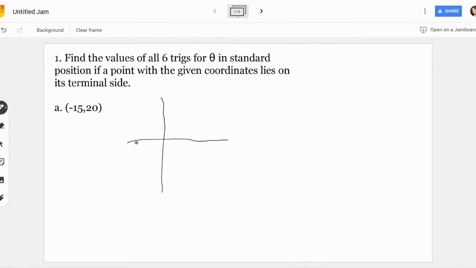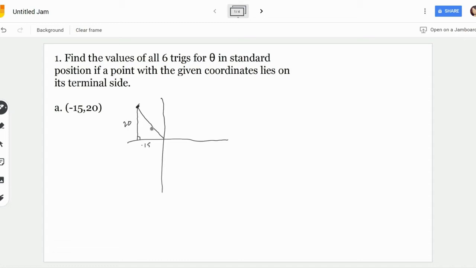And negative 15, 20 is going to be, let's just say this is negative 15, and then up 20. We'll put it there. And if you draw a line from the origin, this could be a terminal side. It's gone all the way around here, but if we treat this like a reference angle, then we could make a triangle out of this, and this would be side length negative 15.